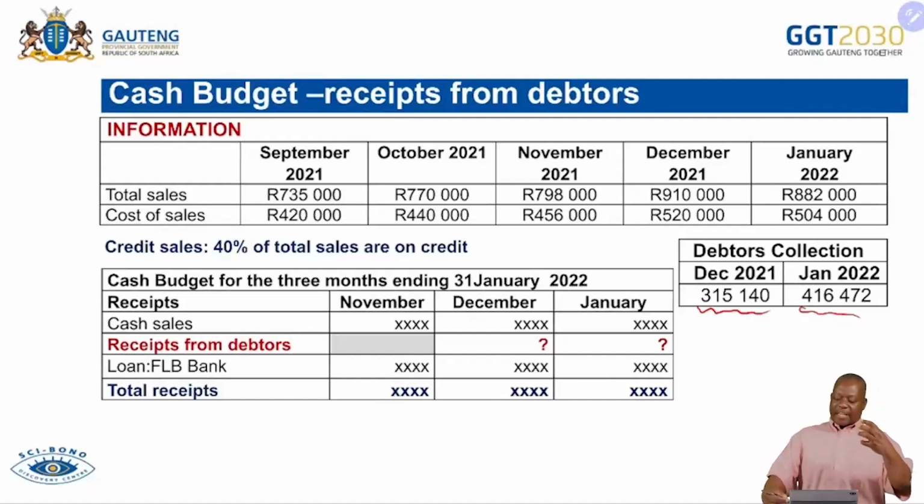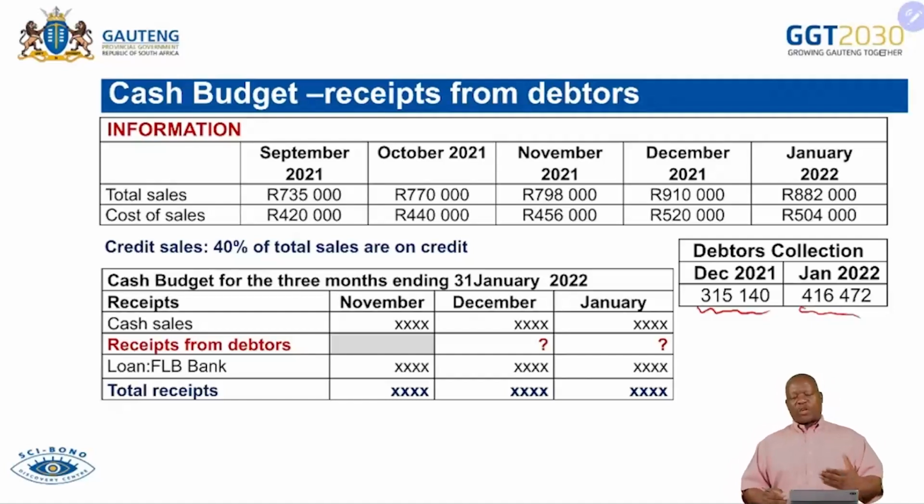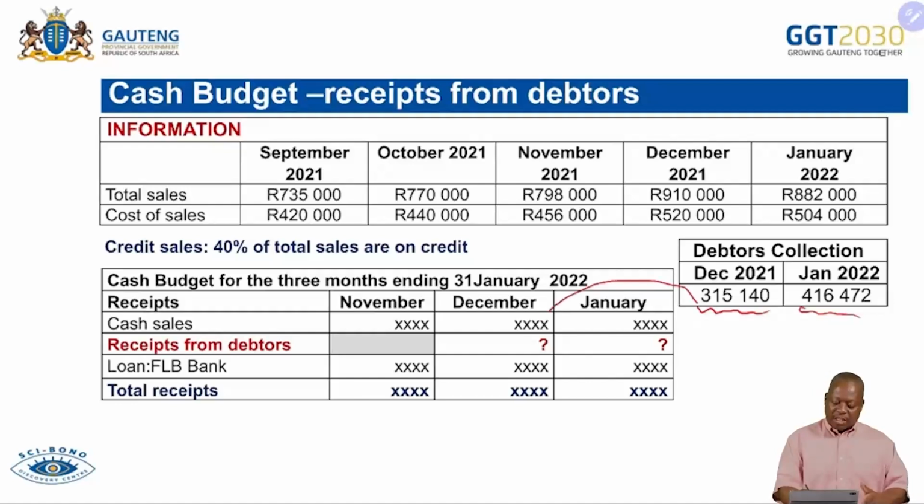So the collection for December is going to be 315,140. And the collection for January is going to be 416,472. So these figures are going to be taken into the cash budget. We start with the December amount. It replaces this question mark, which is red.